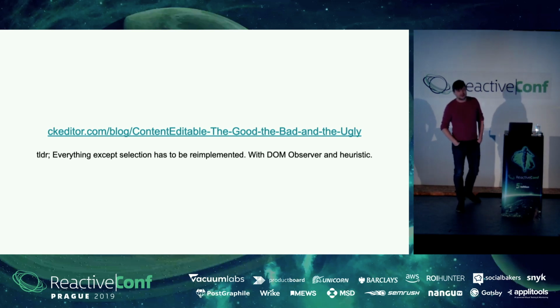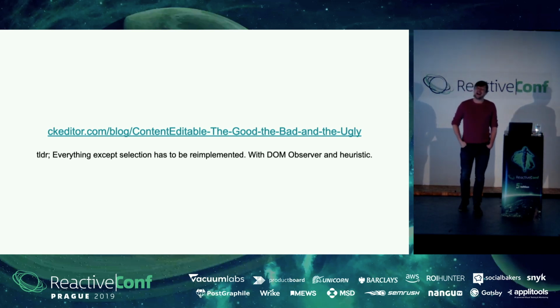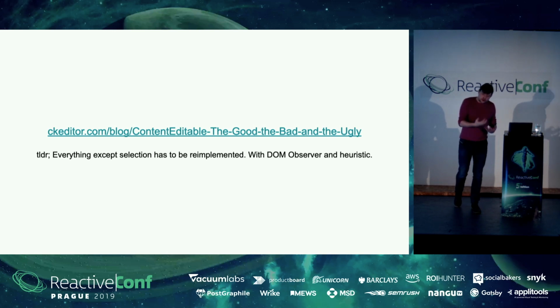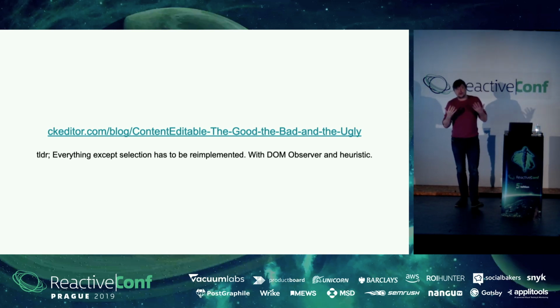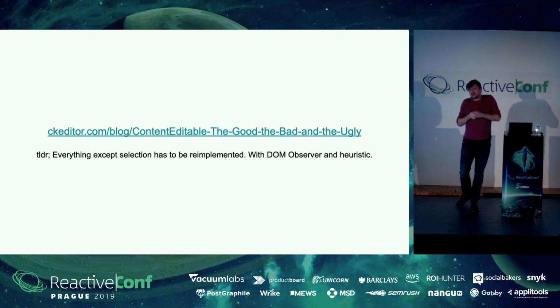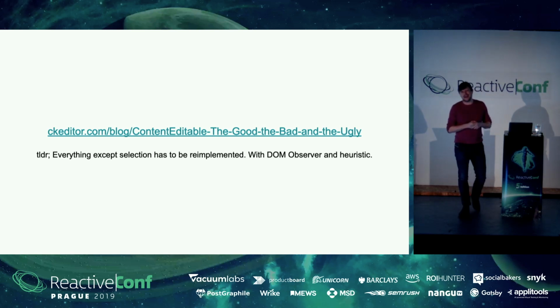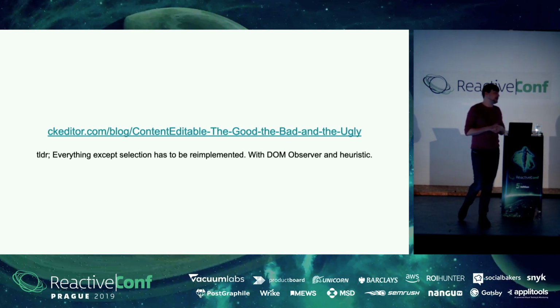And it's not so bad to re-implement manipulation of the document, but the hard thing is knowing what the user was trying to do. Basically, all editors have to use DOM observer and heuristics. And that's why it's so hard.